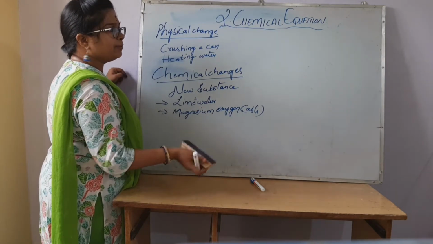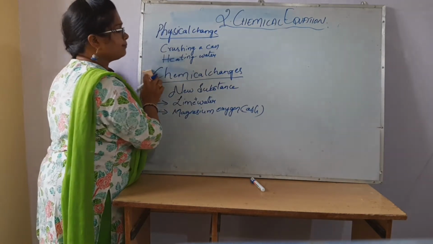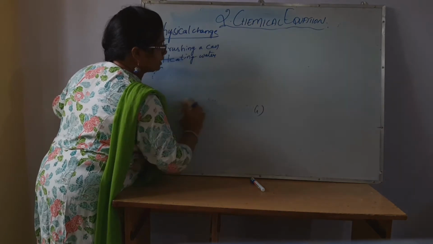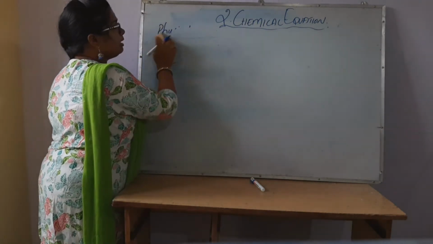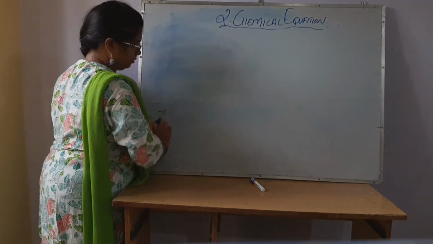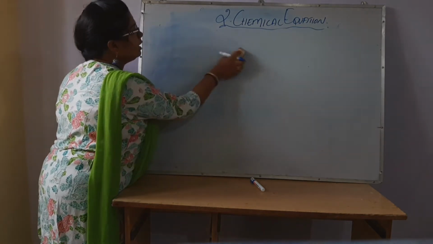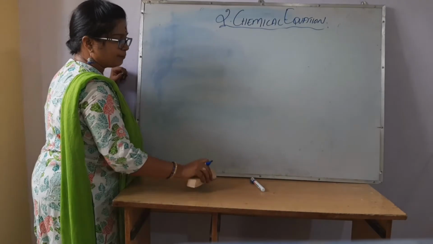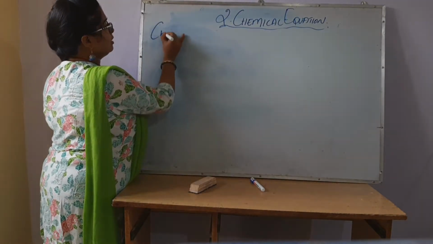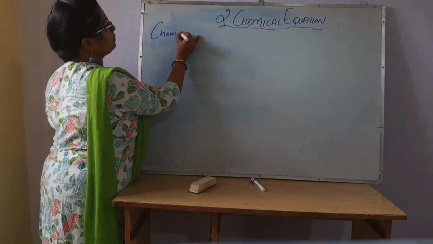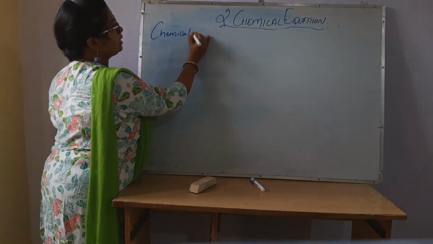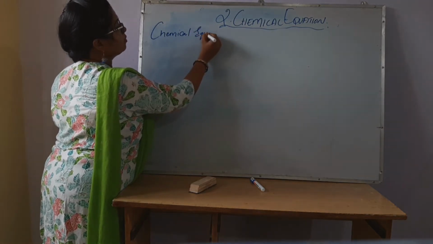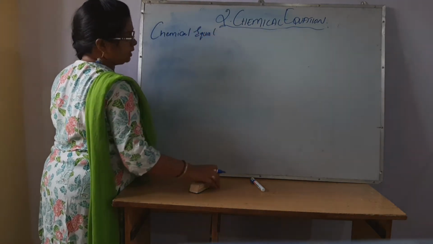There are some permanent changes and temporary changes, isn't it? In this lesson, we are going to learn about chemical reactions, how they take place, and how many types there are.